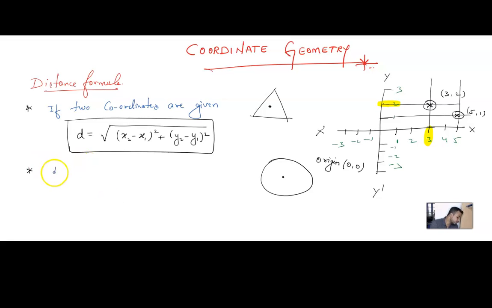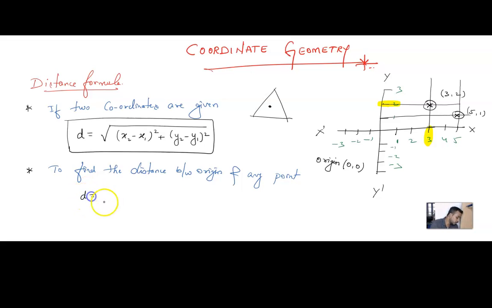To find the distance between the origin and any point, we use the formula D is equal to root of x square plus y square.